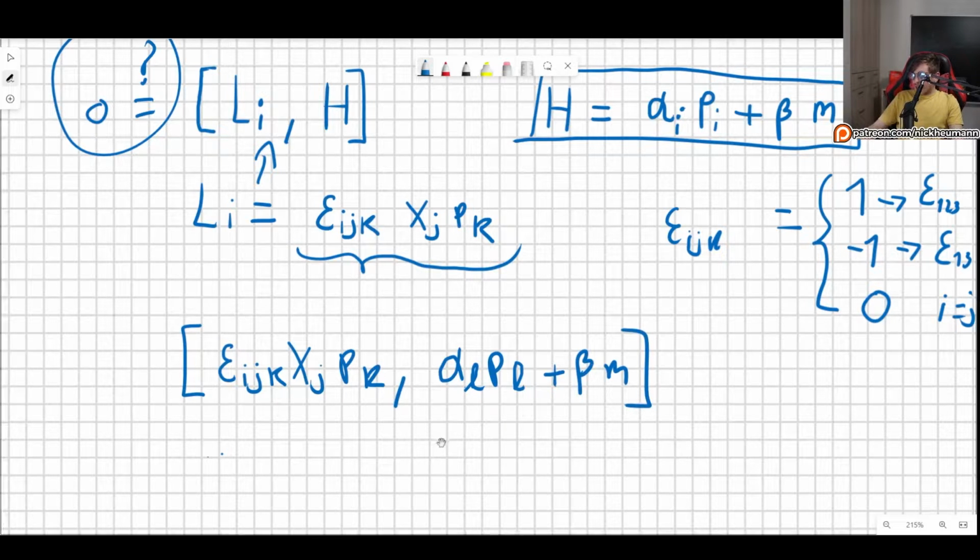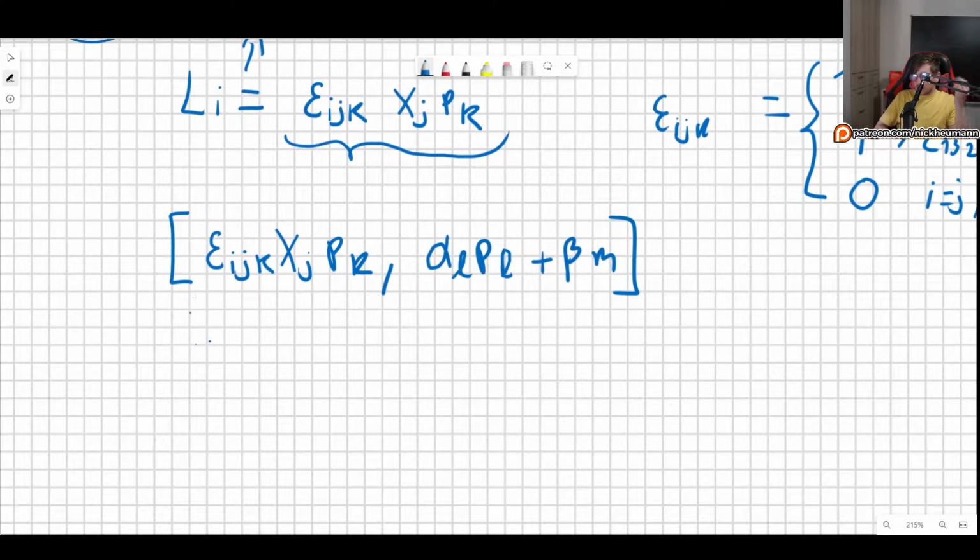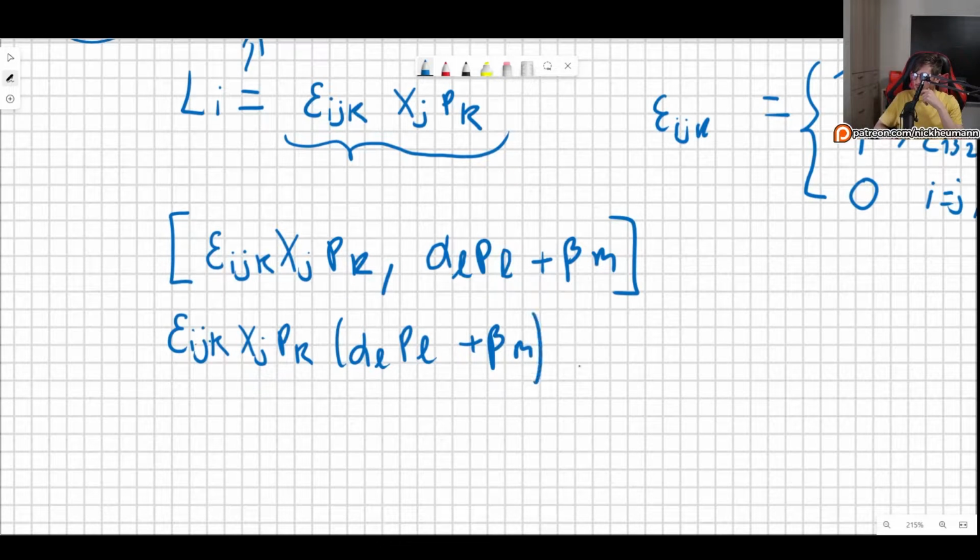Okay, so now we just multiply through, right? We use the definition here of what a commutator is. So we get epsilon ijk xj pk times alpha l pl plus beta m, minus the other way around, so alpha l pl plus beta m, and then epsilon ijk xj pk.